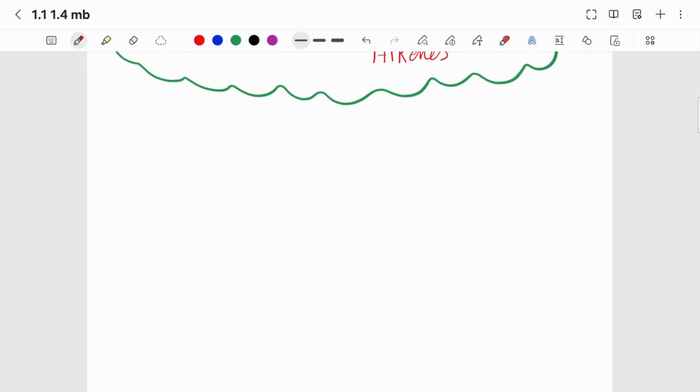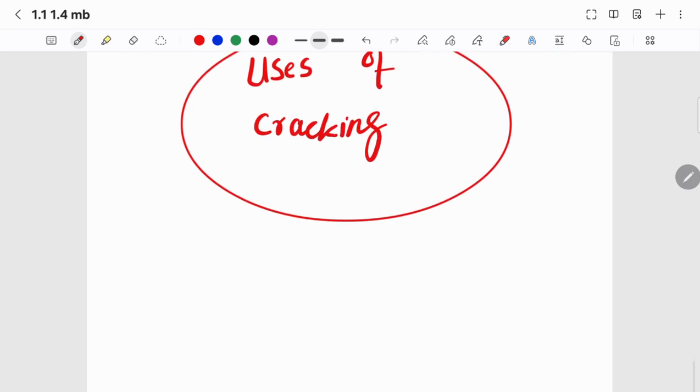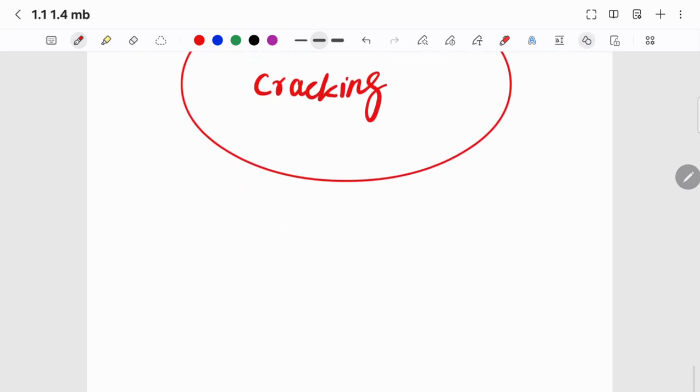Now coming to the last topic of today's lecture, and that is uses of cracking. What is the need of it? Why do we crack? So basically there are 3 uses for it.